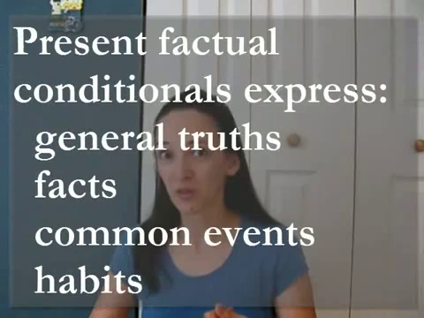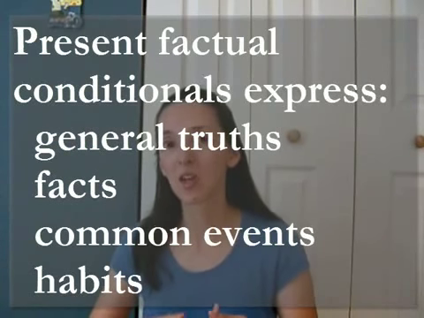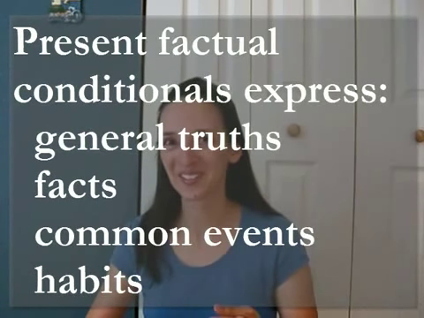Could also say whenever. Whenever your ears ring, someone is talking about you. So substituting if with when or whenever is possible only with these factual conditionals. And by factual, again, I had reviewed in lesson 1 that we mean general truths, facts, common events, and habits.